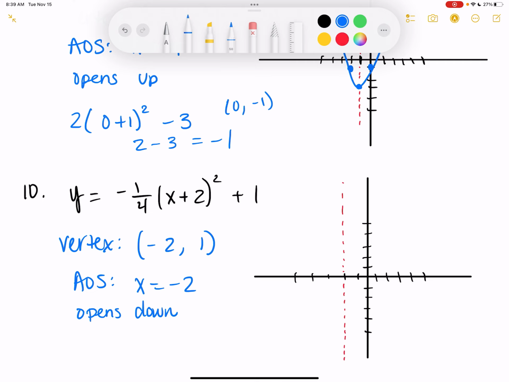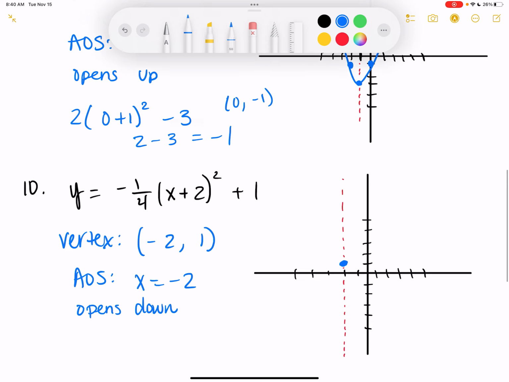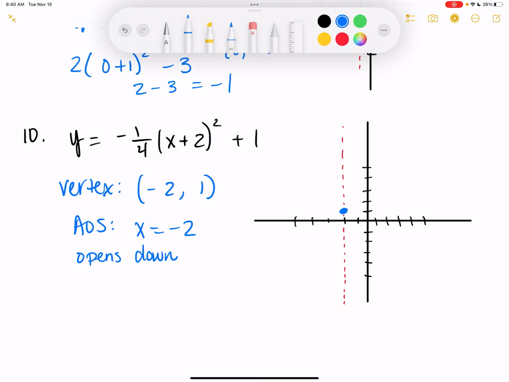A vertex at -2, 1. So it's up here. Got to remember it opens down. So I just want to keep that in mind. Our points now should be at the bottom. So I'm going to do 0 because it'll make things cancel better. It's only 2 away, so it shouldn't give me a ridiculous point.